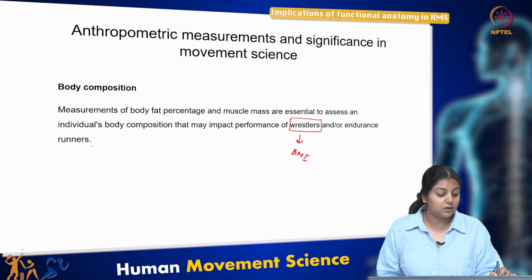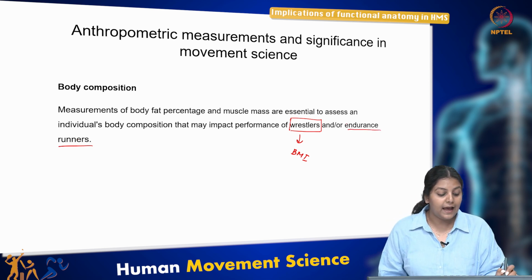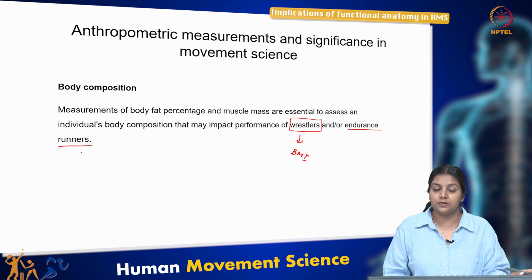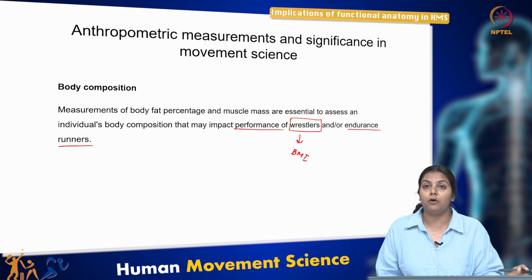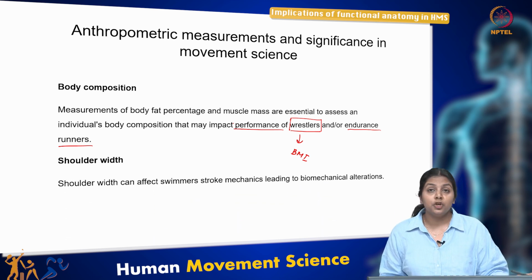Also endurance runners, you will see a lot of the time that endurance runners are quite lean and have quite lean muscle mass. So different sports have different body composition requirements, and they help us to optimize performance. So understanding your body composition is quite key to optimize performance.